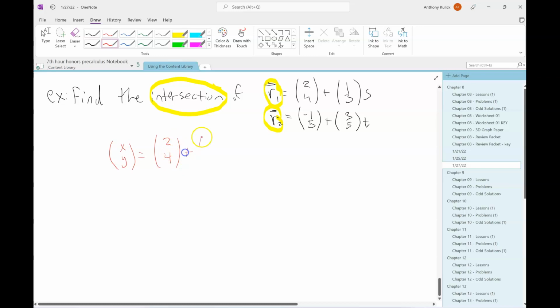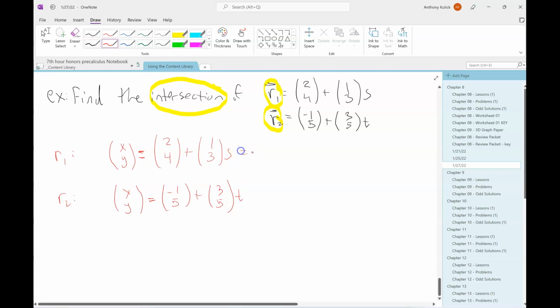So in R1, that xy has to be generated by some s. And in R2, that xy would have to be generated by some value of t. Everybody's okay with that?